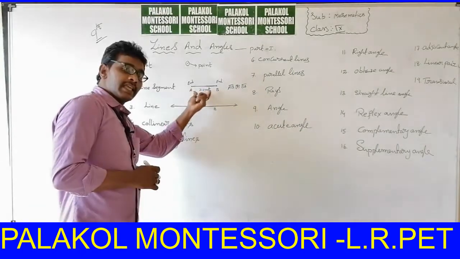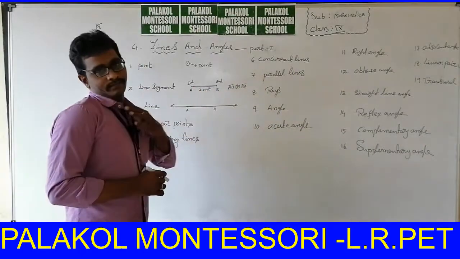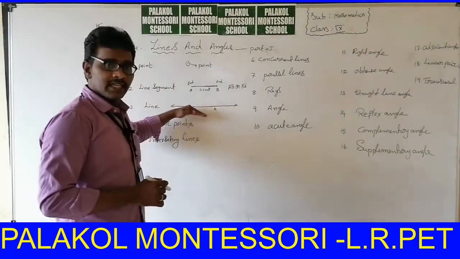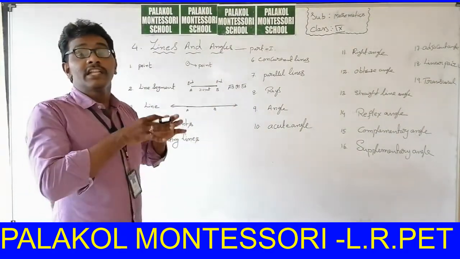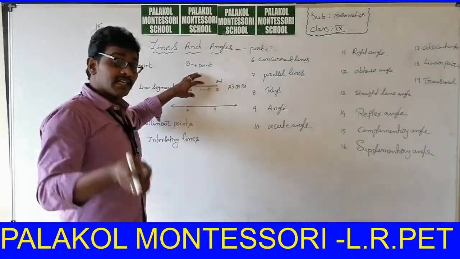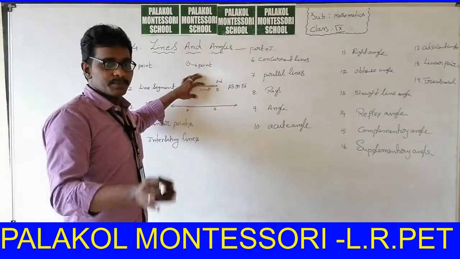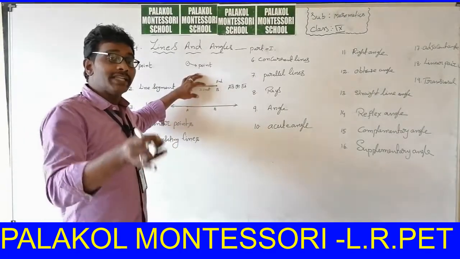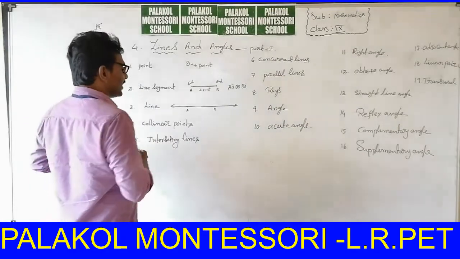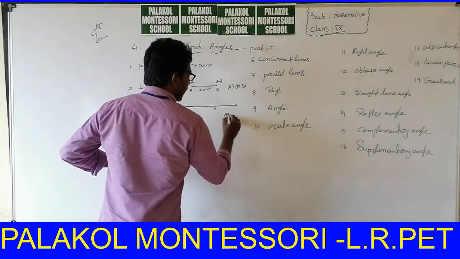A line segment is a part of a line. Is it clear? But a line does not have a definite length. A line segment has a definite, particular length. But a line does not have a definite length. It is generally denoted as AB line.